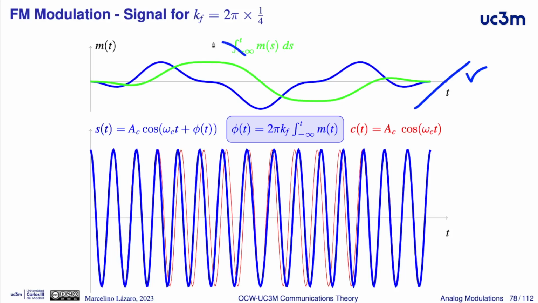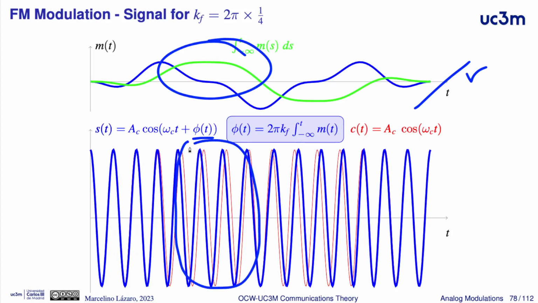When this integral is positive, this term will be positive and we will have a negative delay. The signal will be shifted to the left side. The modulated signal will be ahead of the carrier function.